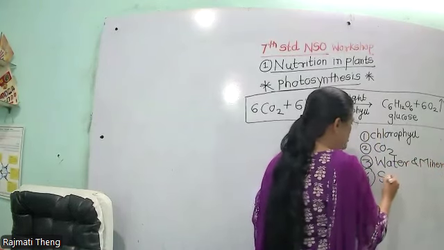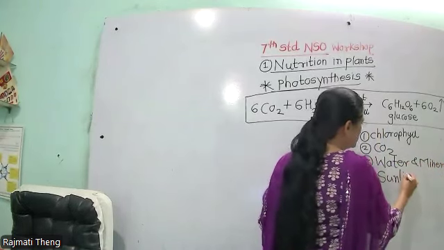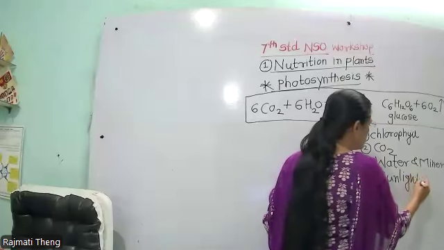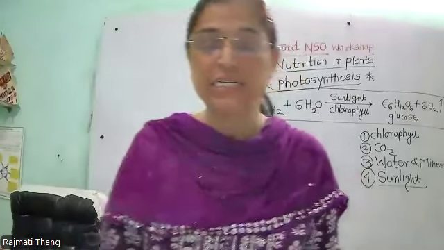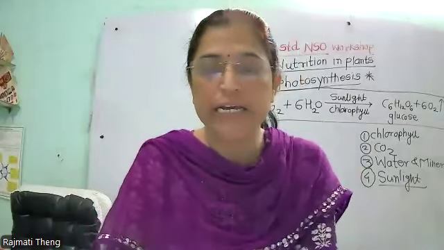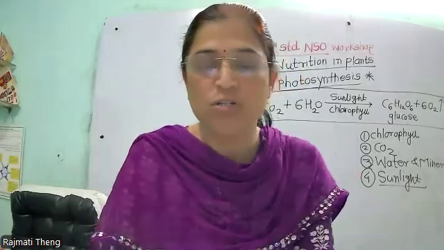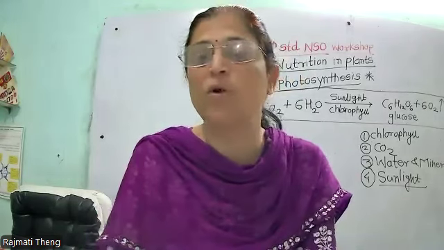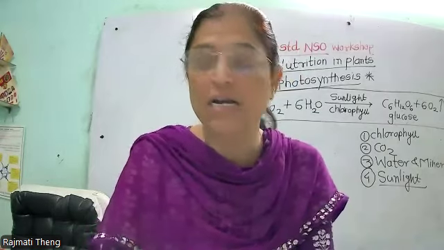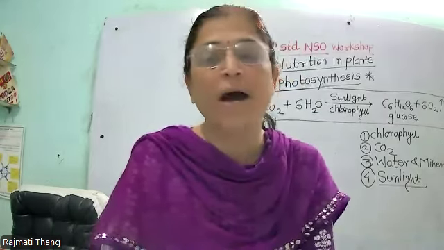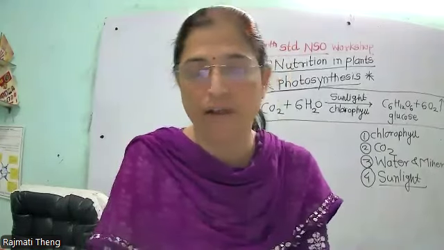And next one, that is sunlight. So sunlight is important for photosynthesis. Yes, solar radiation is the main source of energy for photosynthesis, and photosynthesis is also affected by the quality of light.